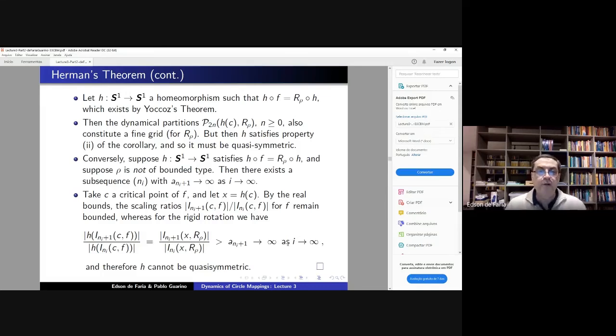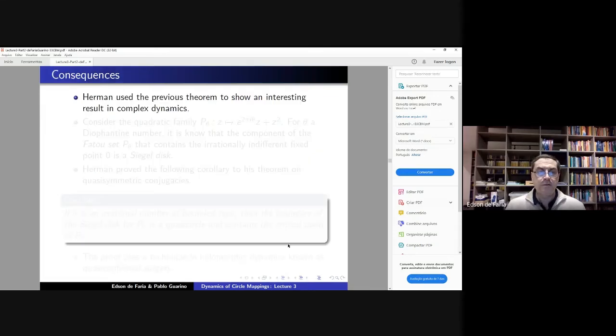But in this situation you have three points in the domain which are not exactly symmetric, but are bounded: the point in the middle divides the interval determined by the other two into two parts which have bounded lengths. If you have this situation in the domain and the situation in the range is very different, with one interval in the image much smaller than the other, then this cannot be quasi-symmetric. Okay, this violates quasi-symmetry. So this proves Herman's theorem.